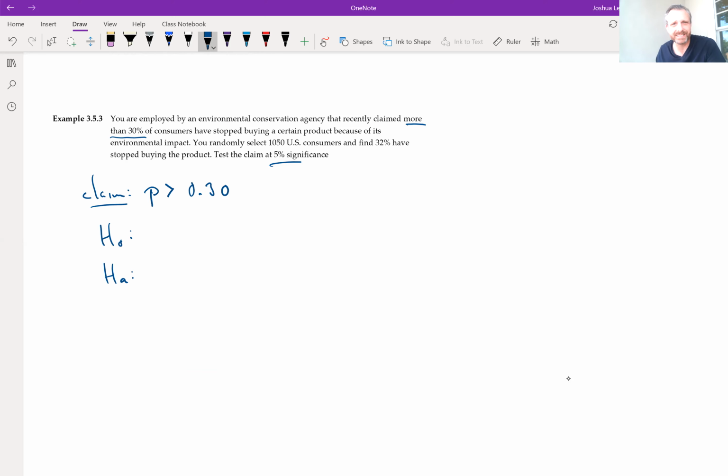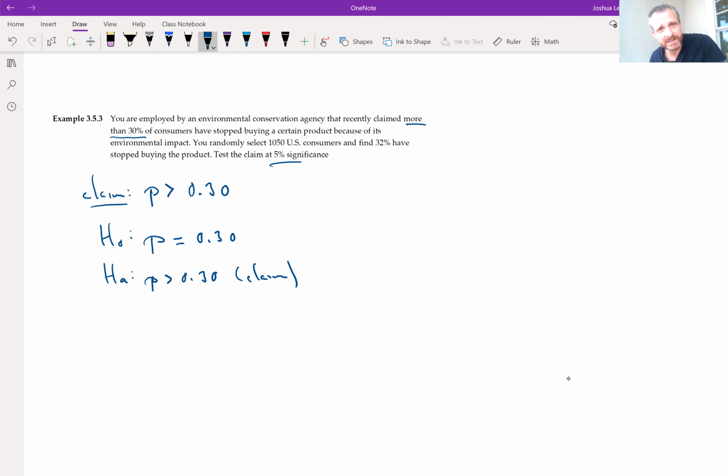So the claim does not contain equality, right? It's strict greater than, more than. So my claim has to be down here in my alternative, which means my null is P is less than or equal to 0.30. I'm just going to say equal to because that's more conservative.